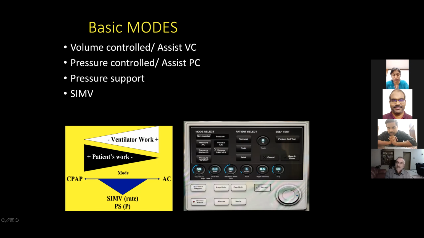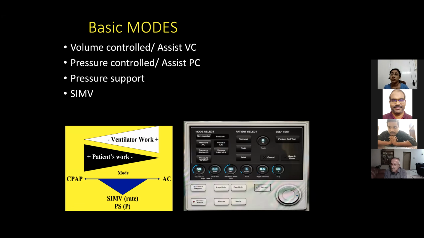Then you have to choose. As I have said, if the patient is paralyzed, what mode will you choose now? Volume control mode, sir. Yeah, you can choose pressure control also. Volume control or pressure control you can choose. The patient starts becoming capable of breathing. What mode do you choose? Assisted. Yeah, assisted.